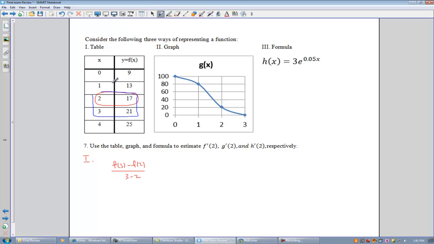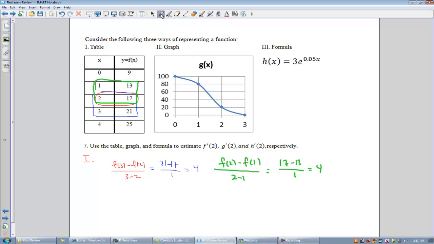When I plug in 3, I get 21 minus 17 divided by 1, which is equal to 4. Then instead of those 2, I could do the top 2 here: f of 2 minus f of 1 divided by 2 minus 1, which equals f of 2 is 17 minus 13, all divided by 1, which is also 4.